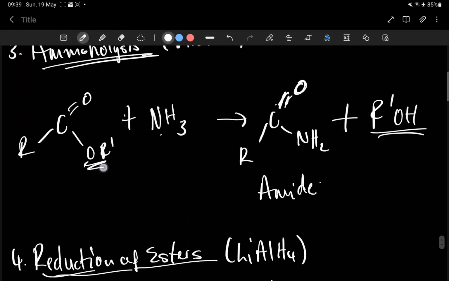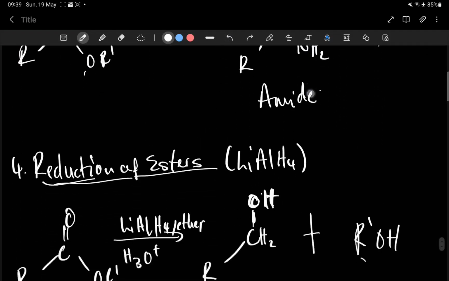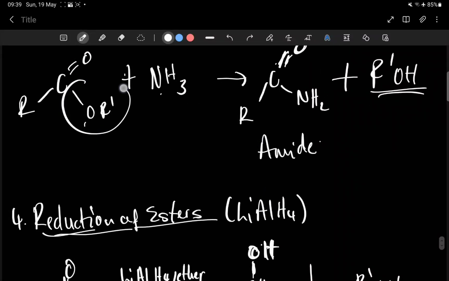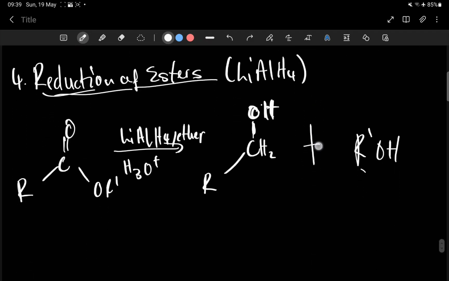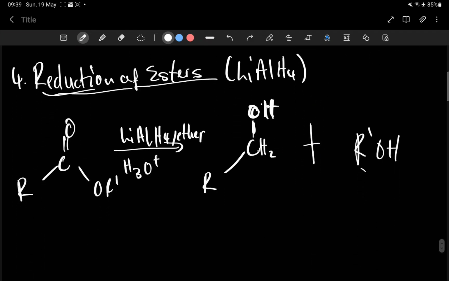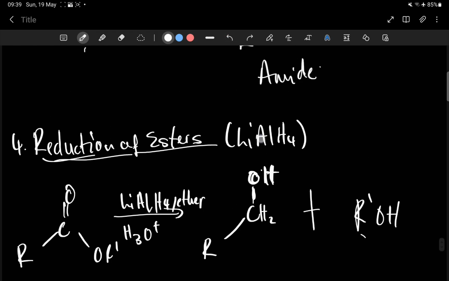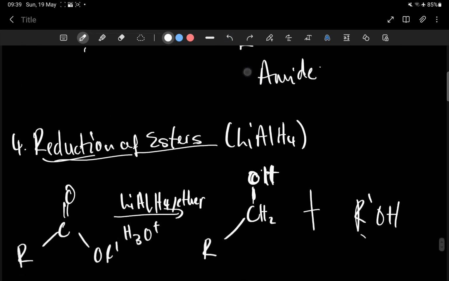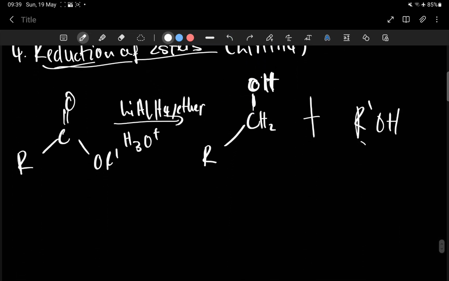This guy that was bonded to oxygen is going to make an alcohol every time. But in these last two, remember that it is actually going together with these O, and then somebody else comes here. It is NH2 that comes here. It is the hydrogen that comes, and there are 2 of them because he also breaks this double bond. But in NH2, this double bond is not broken. Never forget that. And these are the reactions of your esters, and you are done.